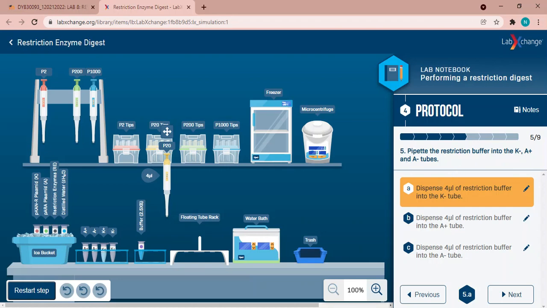First, dispense 4 microliters of restriction buffer into the K minus tube.